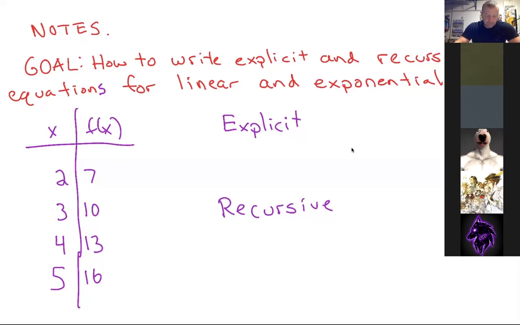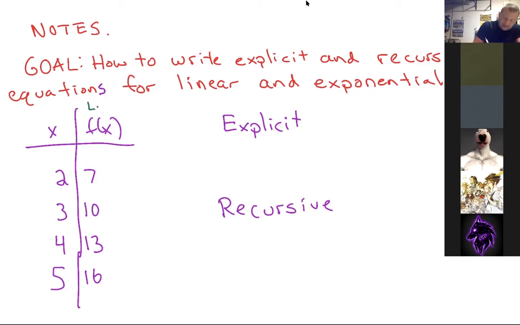First of all, my little purple table over there, let's write an explicit equation for it. Is it linear or is it exponential? Someone says it is linear, right?